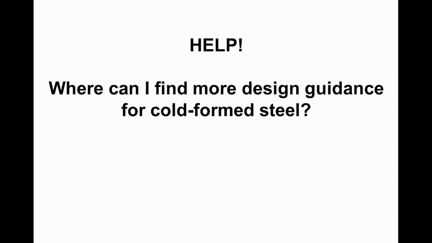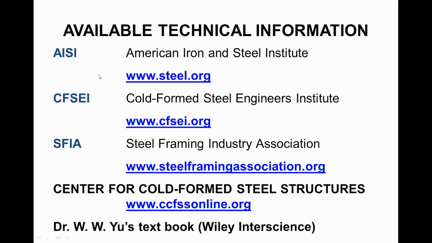Where do I go to find more help? Well, this is a partial list. AISI, for example, this is their website. If you're looking for a design guide or the specification itself, they have a bookstore. This is a place to go. CFSEI, there's a hotline, in fact, that you can call or email, or go to their website as well. And the tech notes that I alluded to a couple times are found here as well.